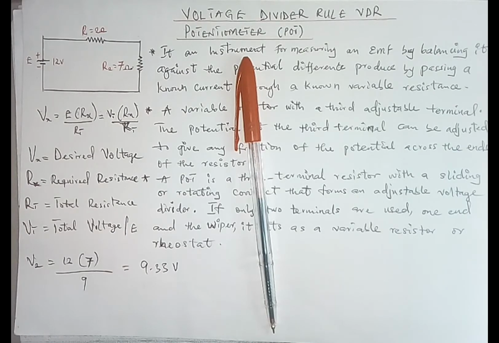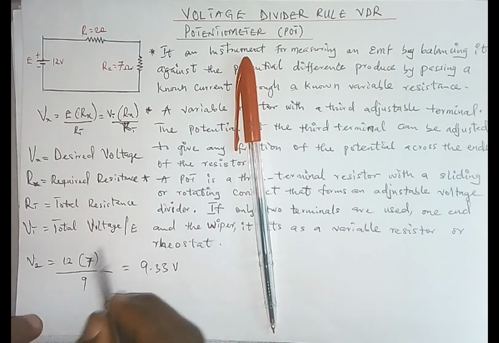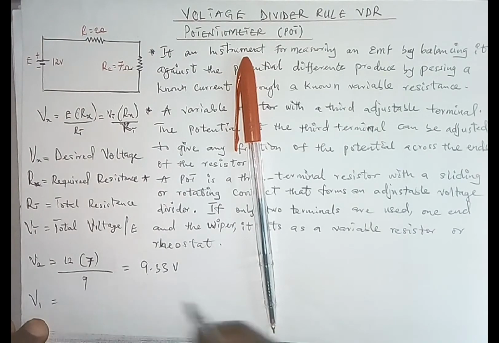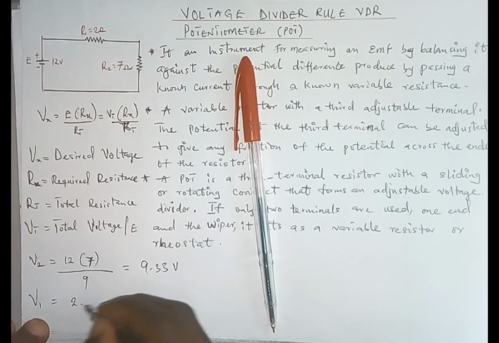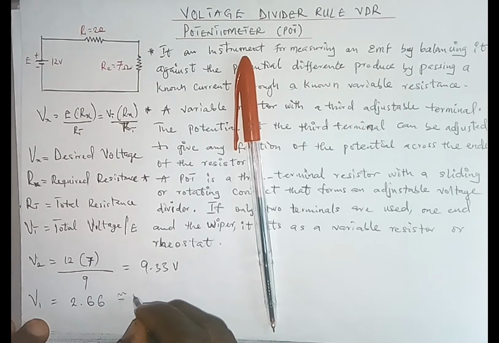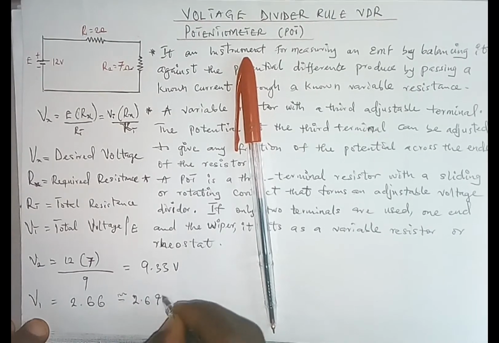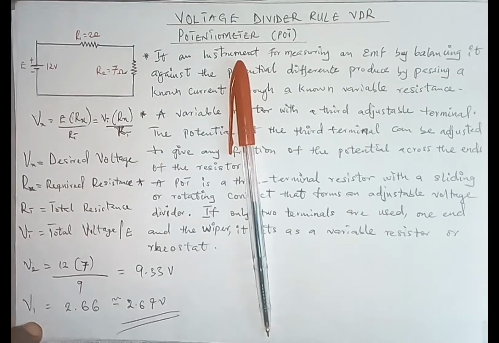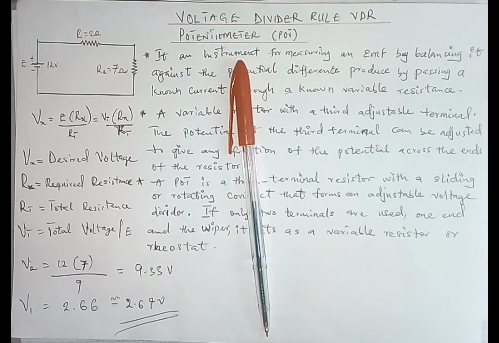So 9.33, we punch our calculator, 9.33 minus 12 volts. So our V1 will definitely be 2.66, or approximately 2.67 volts.